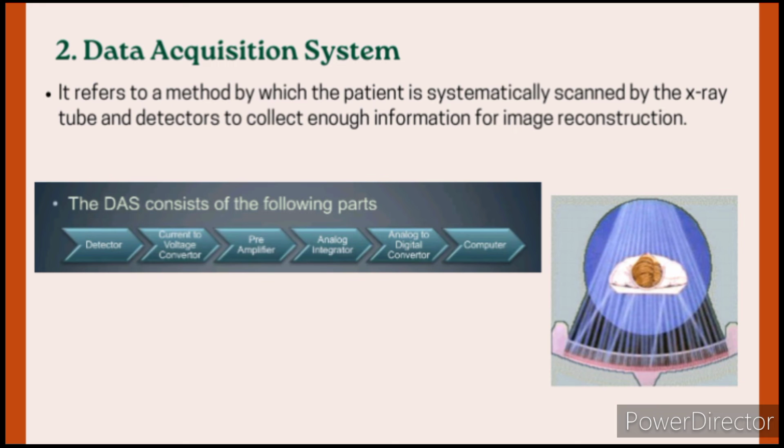The analog signal is converted into digital form, and this signal can now be processed and reconstructed in the computer. By the way, we have two types of detectors, the gas filled and scintillation detectors.